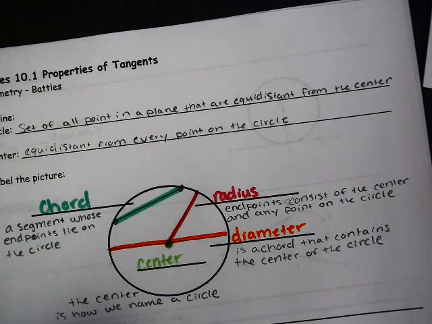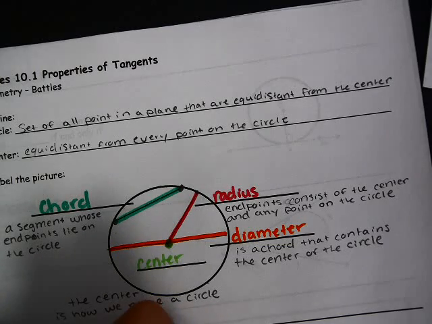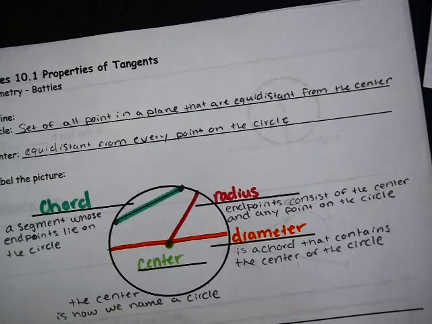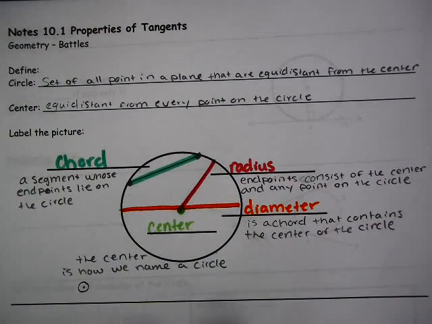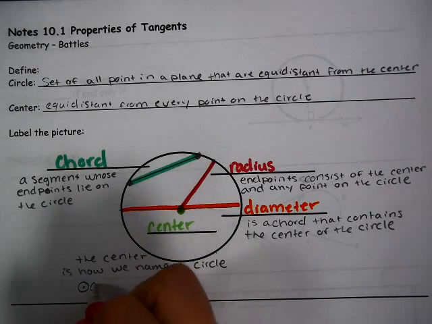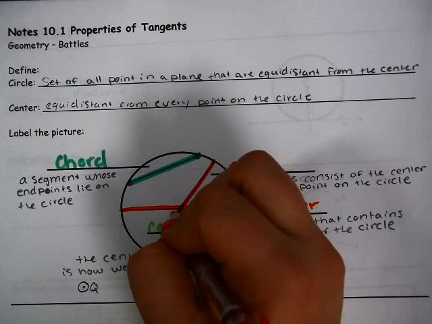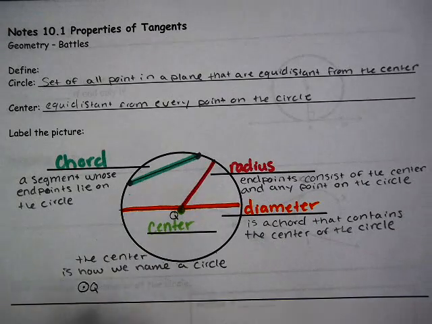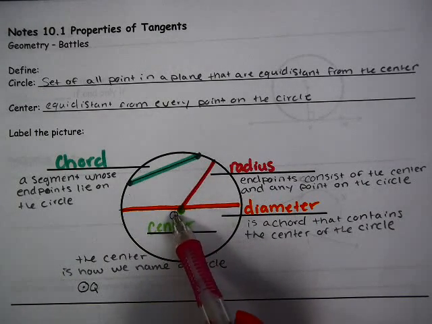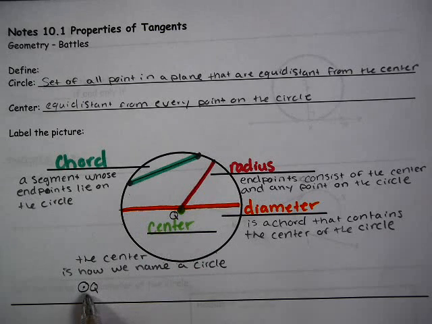So whenever you're doing your homework, you might be reading a word problem, and it's going to show you something like this. It's going to give you a circle with a dot in it, and right after that, it's going to name it, let's say, Q. So it's saying circle with the center of Q. If we wanted to name this circle, we would label the center Q. You will see this in your homework.